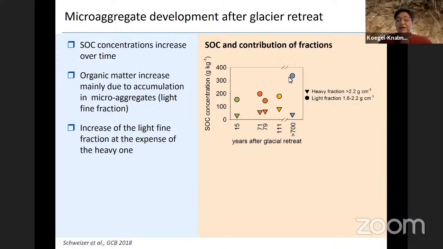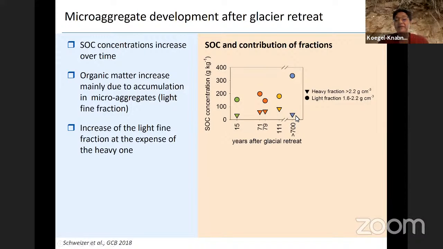This is the fraction, what we call here light fractions, 1.6 to 2.2 gram per cubic centimeter with time. So in this fraction, it becomes lighter with time, or more of the mineral fraction ends up in this light fraction because of association with organic matter. So we have an increase of the light fine fraction at the expense of the heavy fraction.